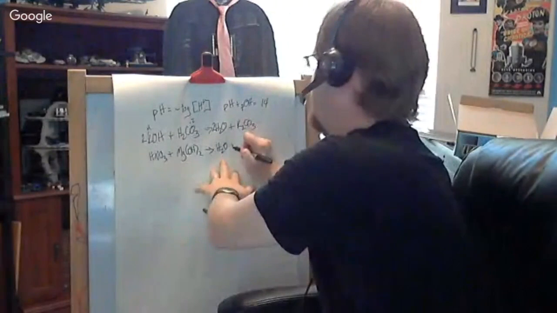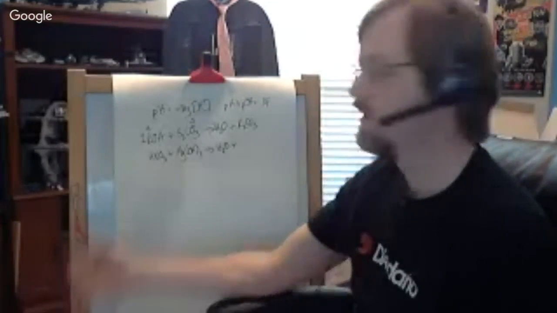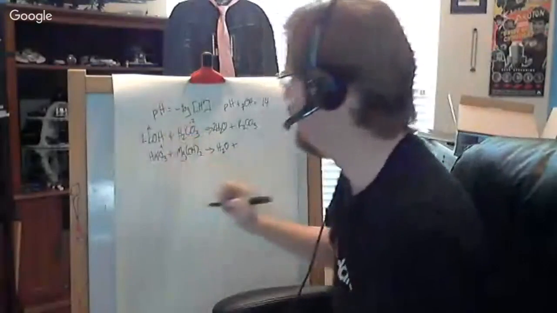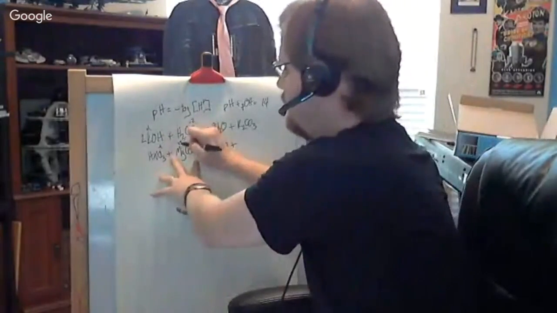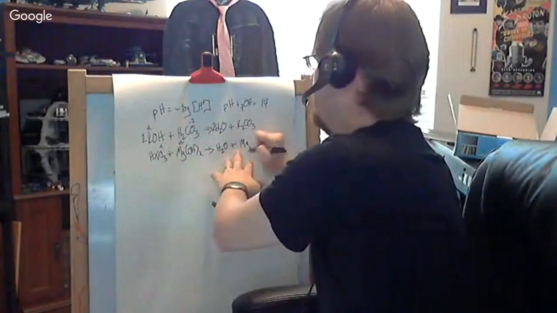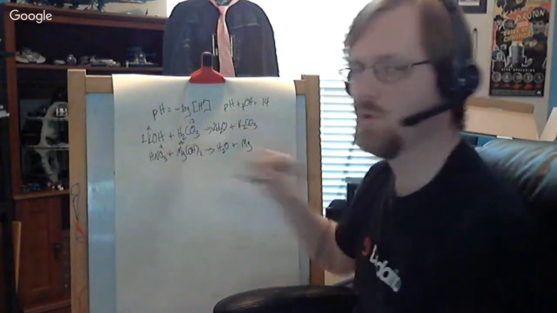Okay, the other product, well, what's left over? Nitrate and magnesium. Which one's going to go first? The positive ion. Well, nitrate has a charge of -1. Magnesium has a charge of +2. So magnesium's going to go first. So we've got Mg, but since that is +2 and that's -1, that means I need 2 nitrates.